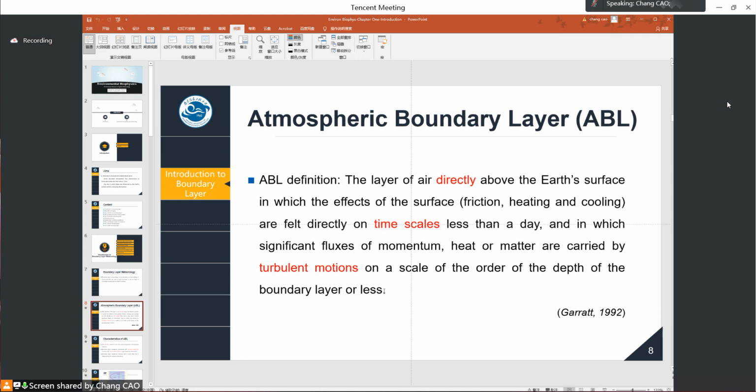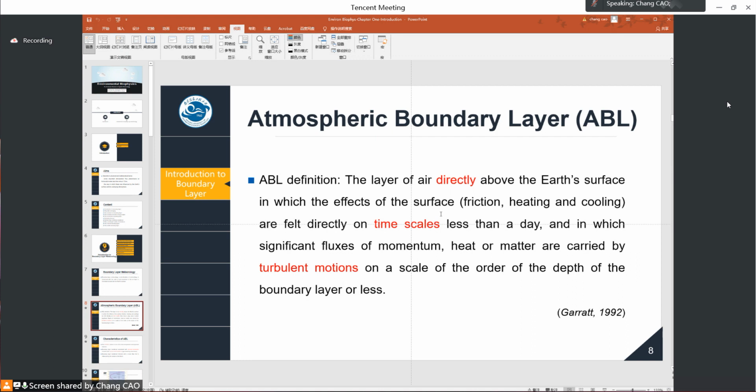So that's the second very important thing here. And the third thing, which most of you, I think, will remember, is the turbulent property of the atmospheric boundary layer. Maybe turbulence you will not forget, but don't forget about the first two very important parts.